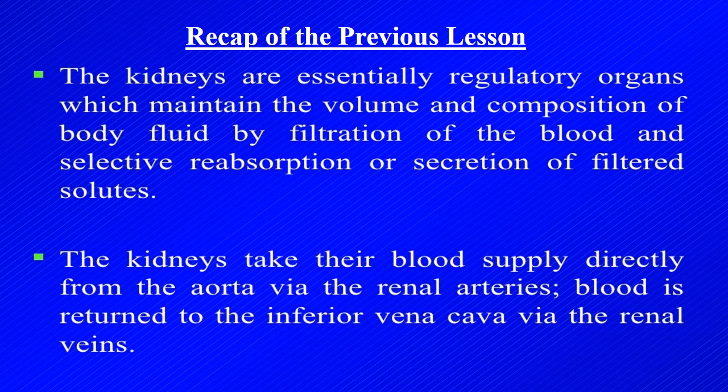Blood is returned to the inferior vena cava via the renal veins. That means we have done the functioning of the kidneys, functioning of the nephrons, what they perform, how they remove the nitrogenous waste substances from the blood and how they form the urine in which the waste substances will be excreted out of the body.